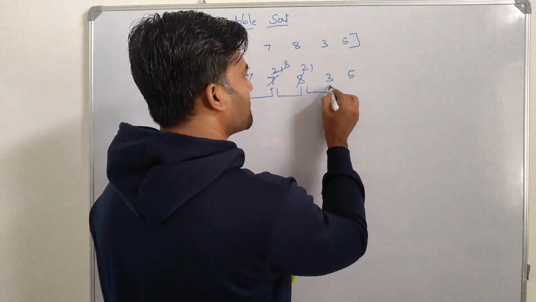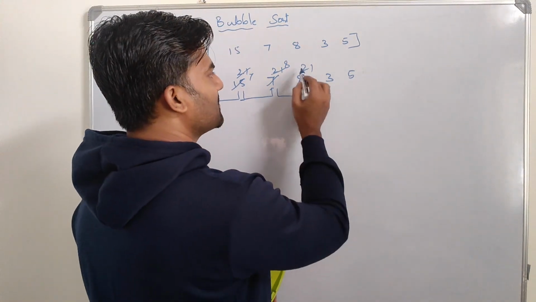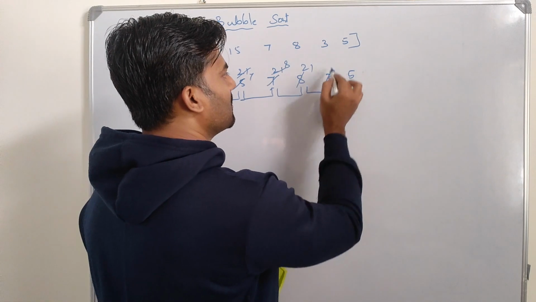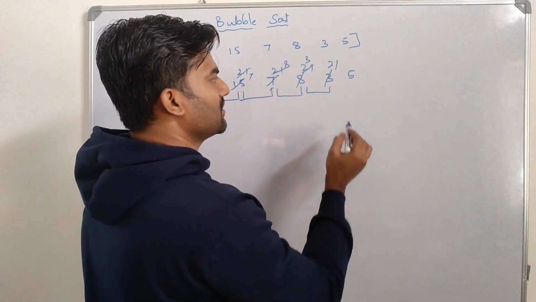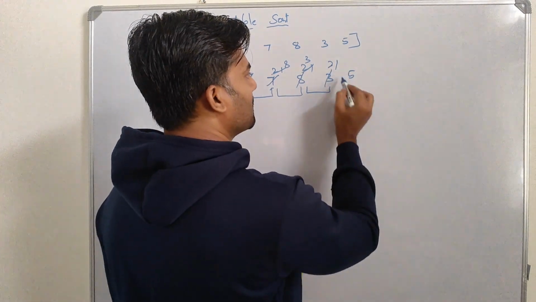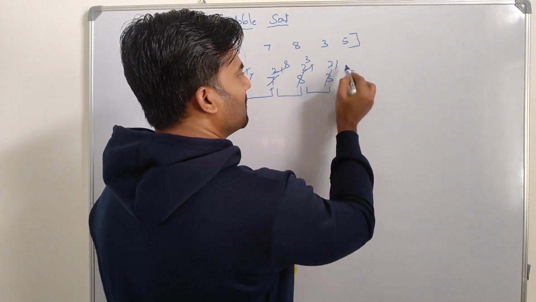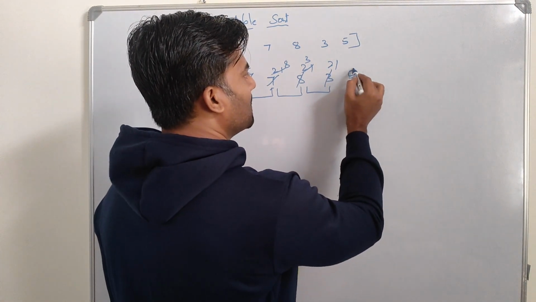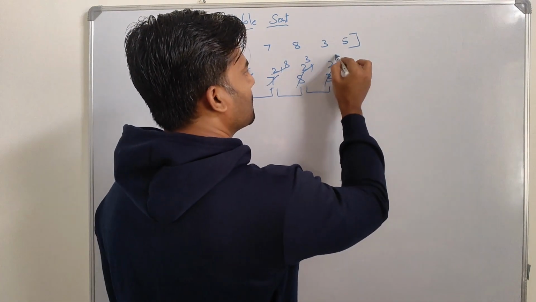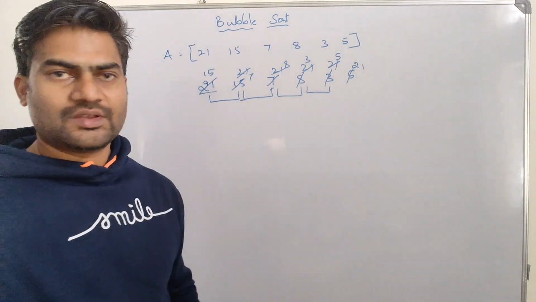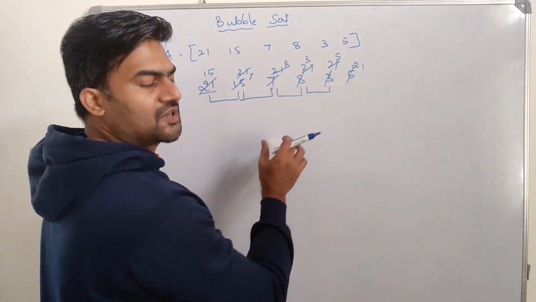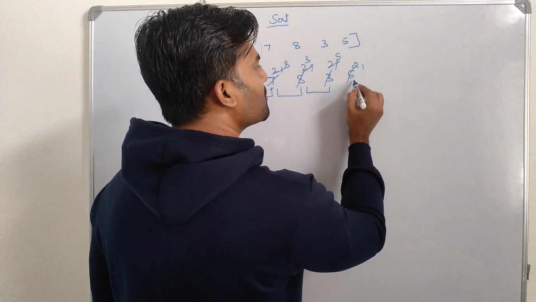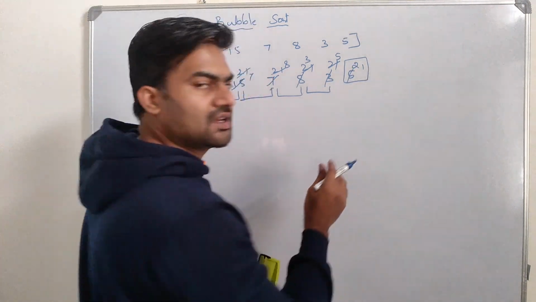Then 21 and 3, which is bigger? 21, so I will swap. At the end, 21 is again bigger than 5, so I will simply swap them.